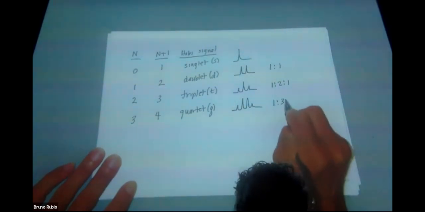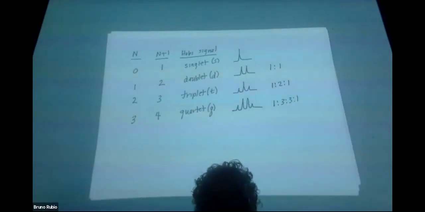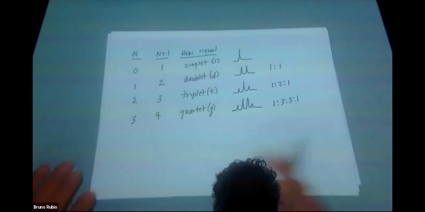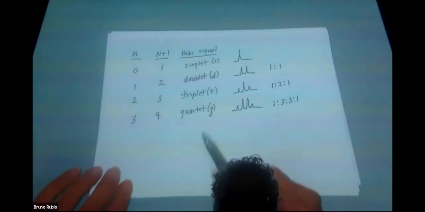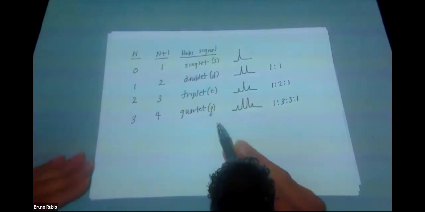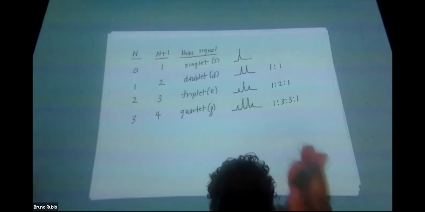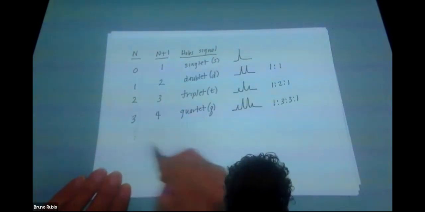And then we could keep going, 4, 5, and so on. So after this, there would be a quintet or a sextet or a septet, and so on and so forth.